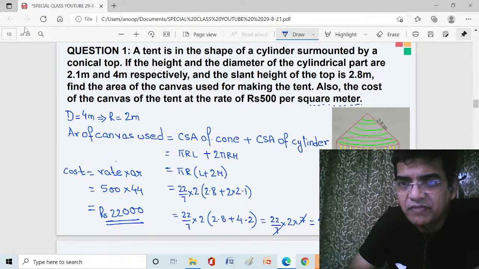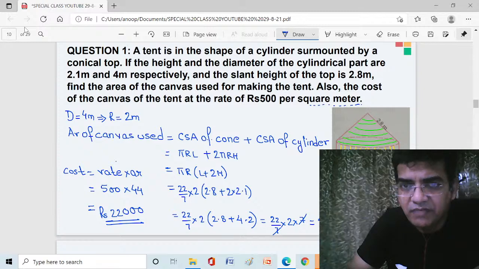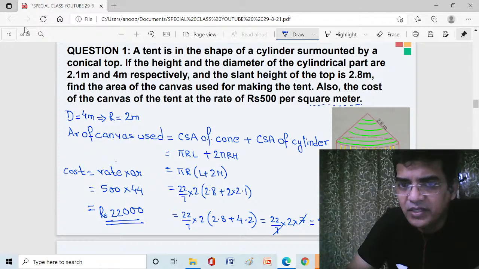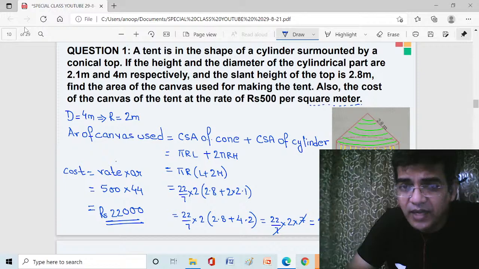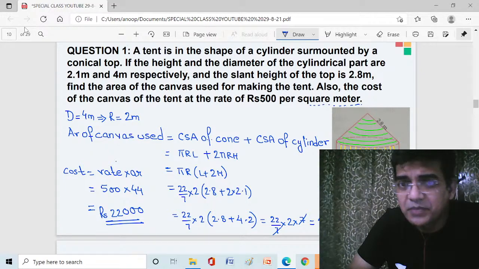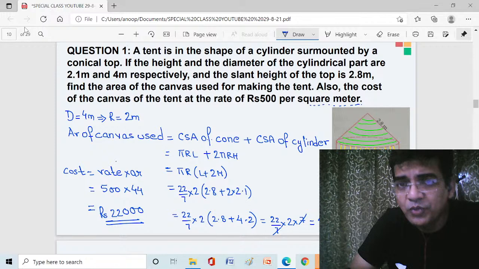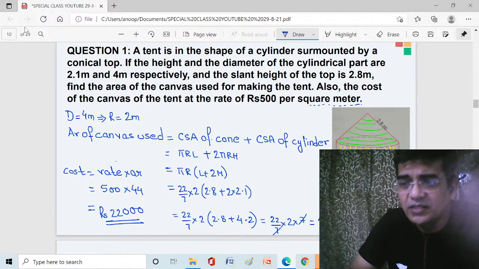So these are the formulas for the curved surface area of cone and the curved surface area of cylinder. And remember, to make your calculation easy, if you find something common, then take that common, and after that substitute the value, so your calculation will always be easy for you. Hope this is clear to you.